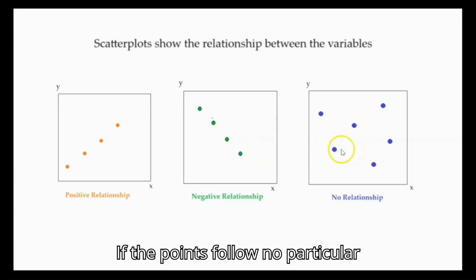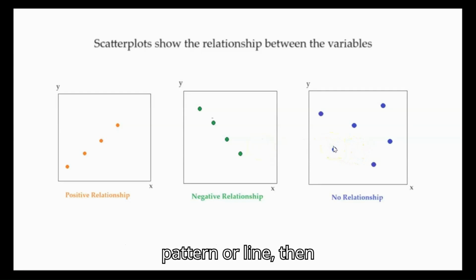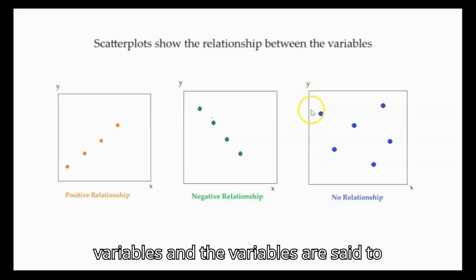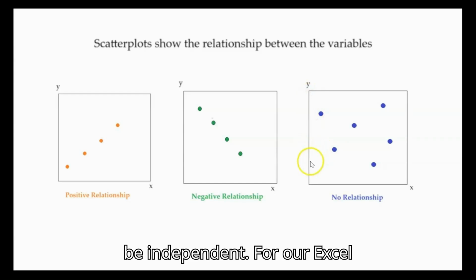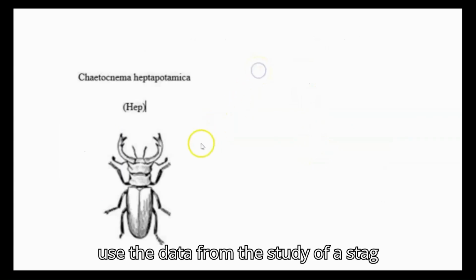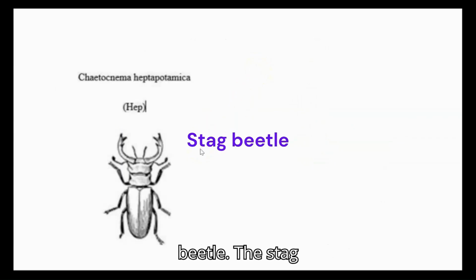If the points follow no particular pattern or line, then there's no relationship between the variables, and the variables are said to be independent. For our Excel demo data set, we're going to use the data from the study of a stag beetle.